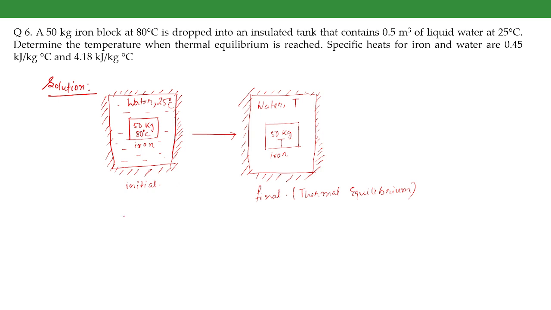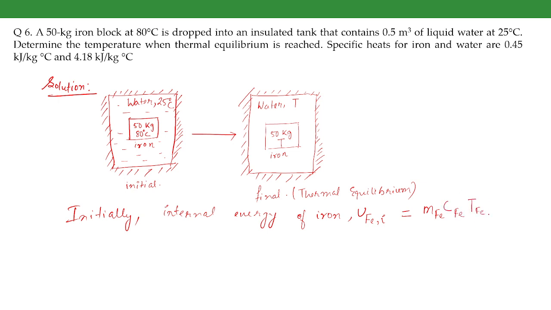Okay, so what is initially the internal energy? Initially, the internal energy of iron, let us denote it as U_Fe initial. This is the mass of the iron, the specific heat of the iron, and the temperature of the iron.